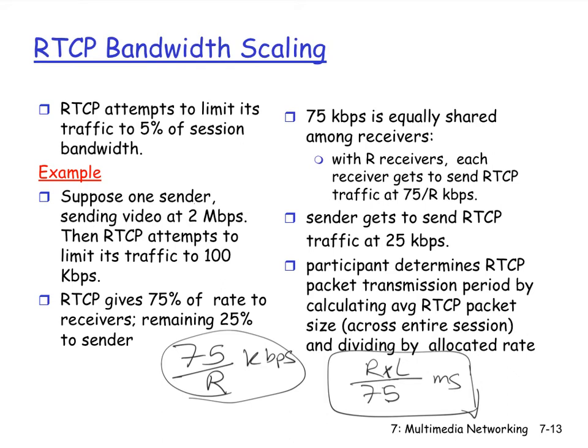So we call this bandwidth scaling. So RTCP tries to control the bandwidth by limiting this number. This is a relatively weird way that any protocol can use to control the data rate. So usually protocols require consistent frequency of sending the transmitted messages.